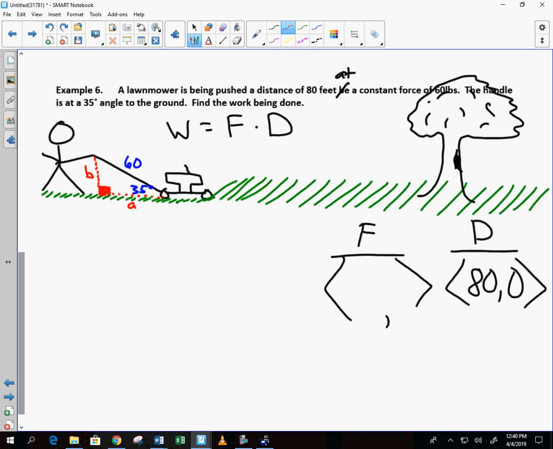So therefore, what we have is A is equal to 60 times the cosine of 35 degrees. So you just end up multiplying the 60 over, right? And then B is equal to 60 times the sine of 35 degrees. And that will give us the components of that vector.